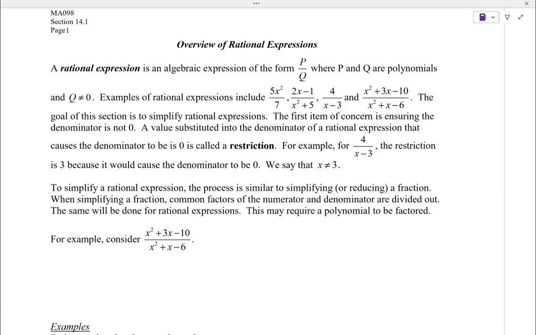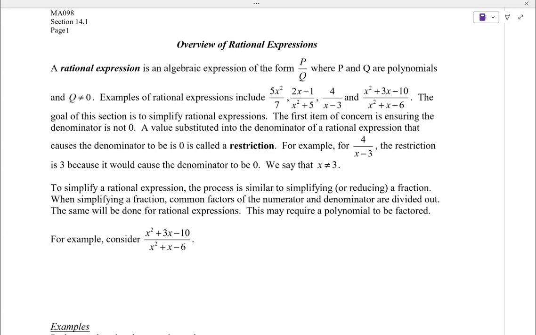All right. Well, let's talk about new stuff. So, we've talked about what a polynomial is, and we've talked about factoring. So, we're going to combine those two ideas together here when we start talking about rational expressions. Notice in the notes here, it tells you that a rational expression is a fraction.